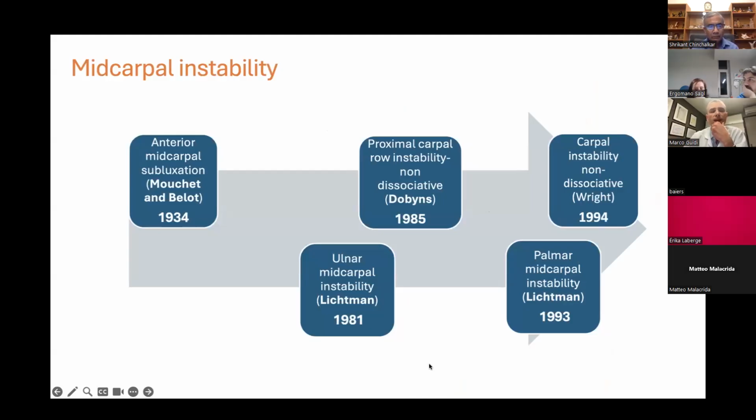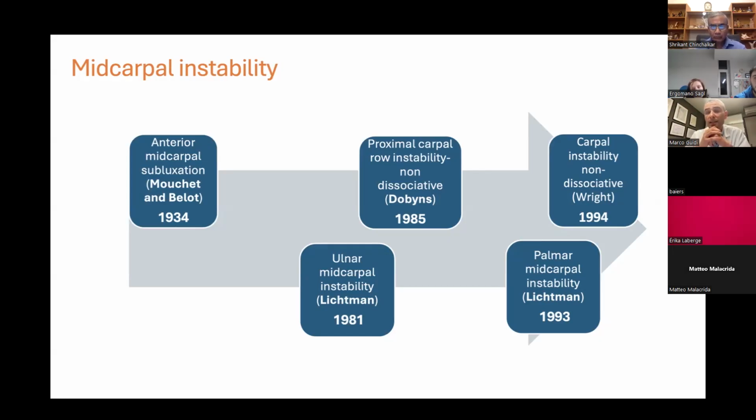So a long time ago, in 1934, Mouchet and Belot described a wrist that was snapping. It was like an instability, and they called it a snapping wrist. Then we needed to wait many years, until the early 80s and the early 90s, to understand the real difference between the CID and the CIND.